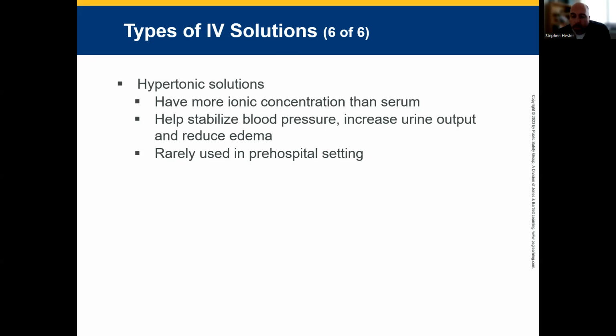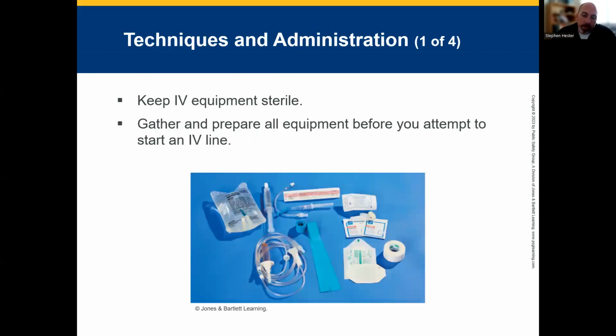Try not to fluid overload with a hypertonic solution. If you do get your hands on this, do not use it on DKA patients or others who may be at risk of cellular dehydration, because basically you're decreasing the volume of the cells.